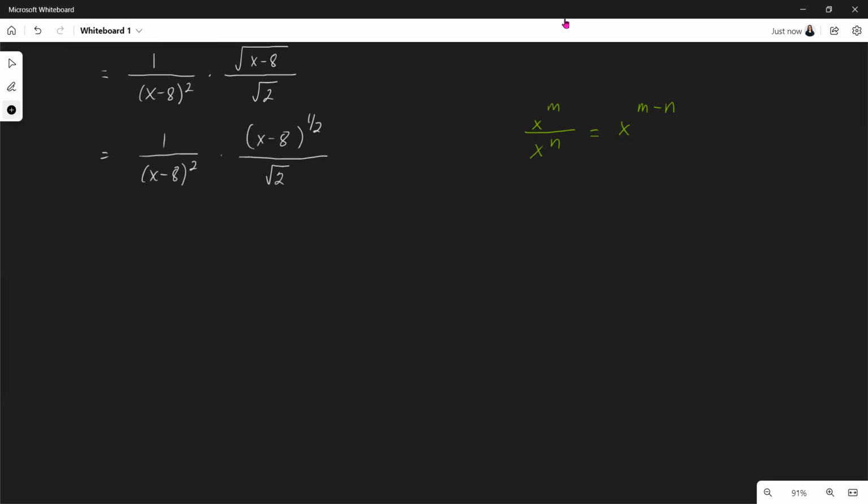So copy the common base, which is x minus 8. And then there's an over square root of 2. So this would be equal to 1/2 minus 2, and then all over square root of 2. So we have 1/2 minus 2, that's negative 3/2, over square root of 2.